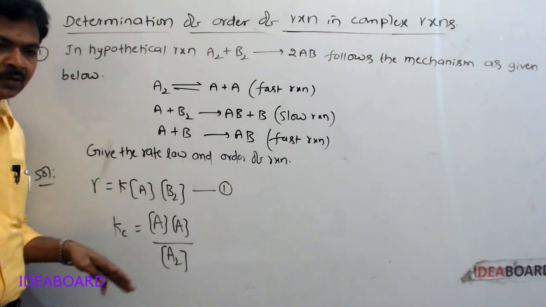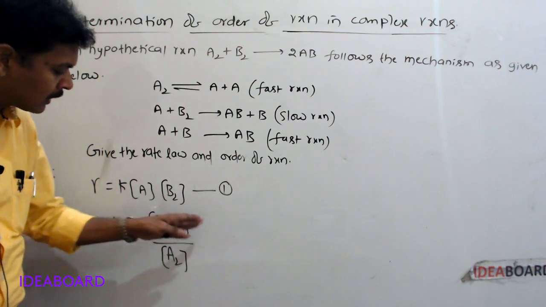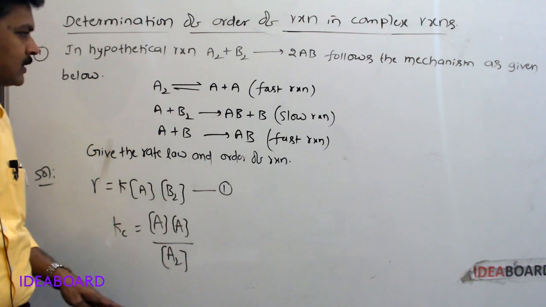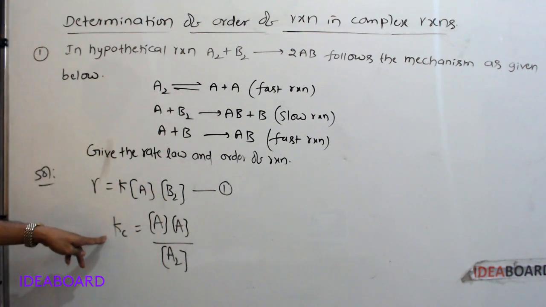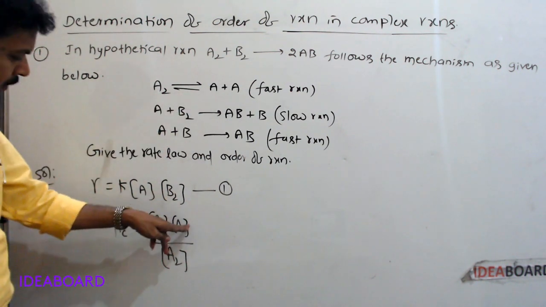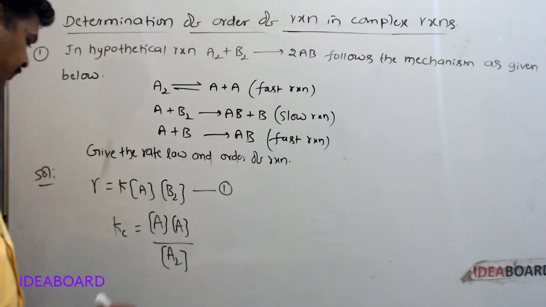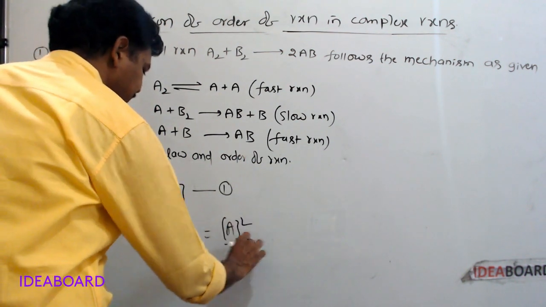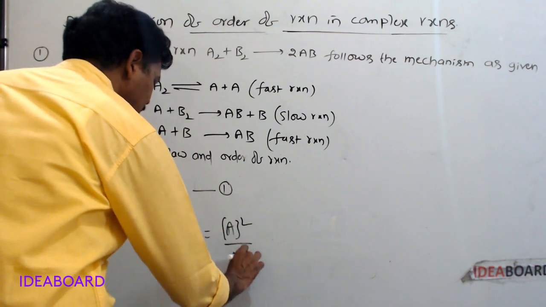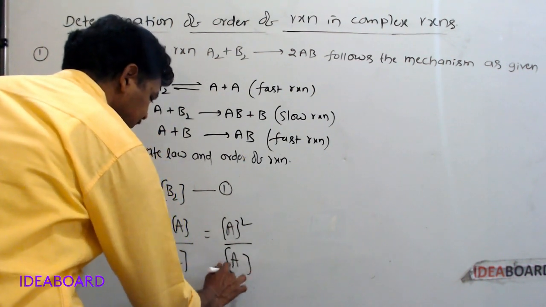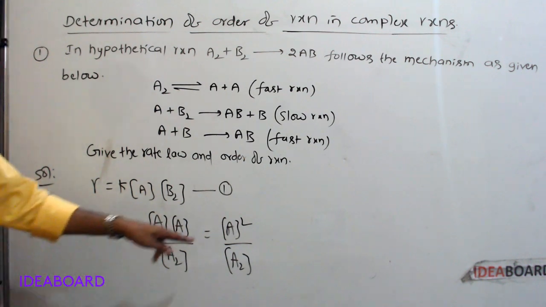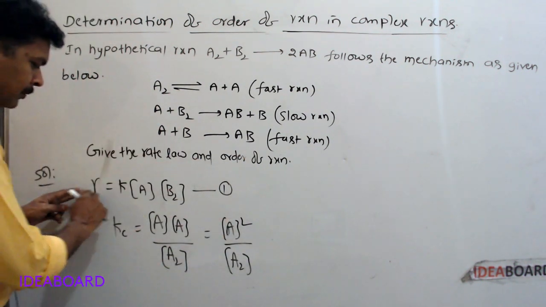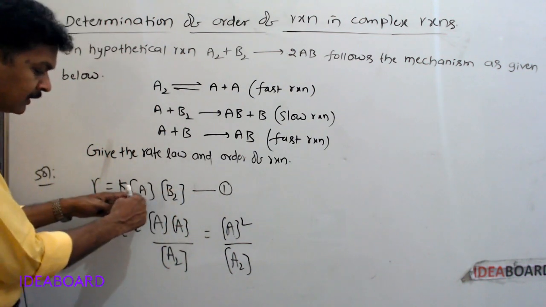Equilibrium constant is equal to the product of molar concentrations of products to the product of molar concentrations of reactants. For this reaction, Kc is equal to [A] into [A] by [A2]. Then we can write Kc is equal to [A] square by [A2]. See here, from this we should eliminate this [A].